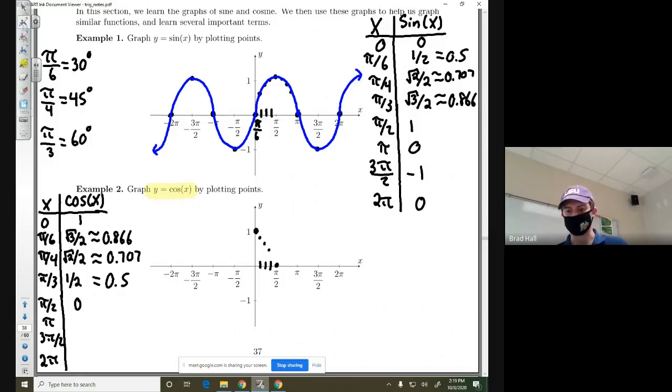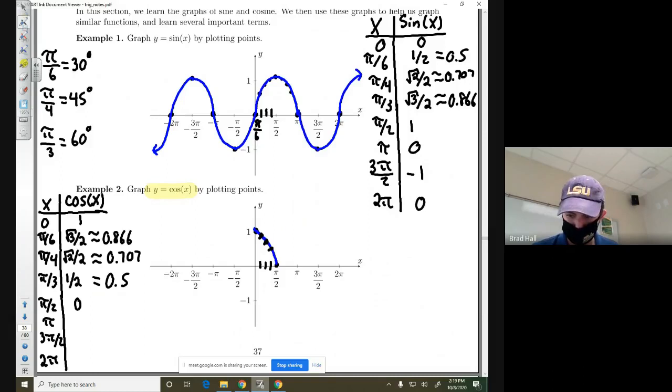My graph doesn't really do it justice, but this is supposed to be an arc. And then if we plug in pi, cosine of pi, that is, you would get -1.